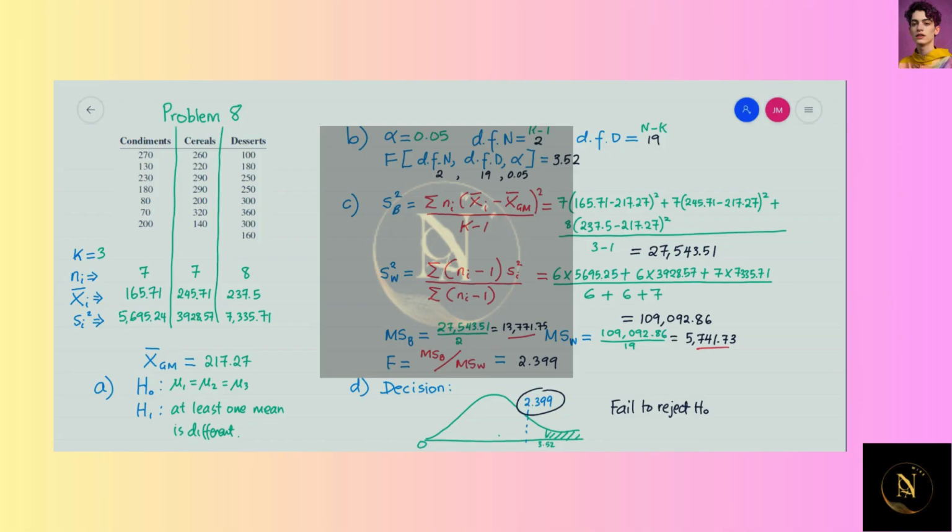Failure to reject the null hypothesis means that there is not enough evidence to support the claim that at least one mean is different from the rest. So the salt amounts for each kind of food are not significantly different from each other at the 0.05 level of significance.